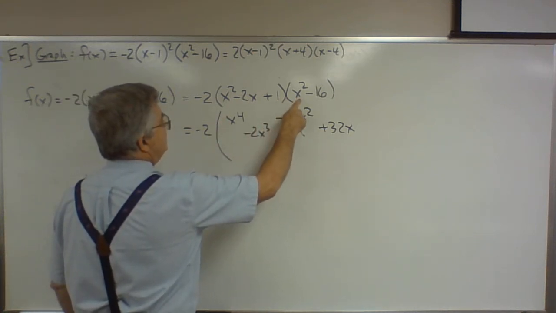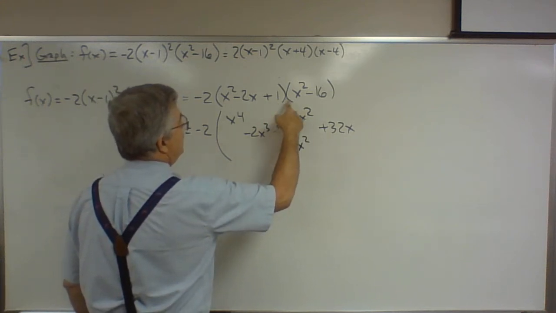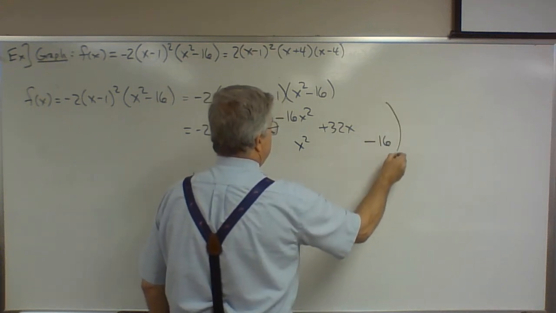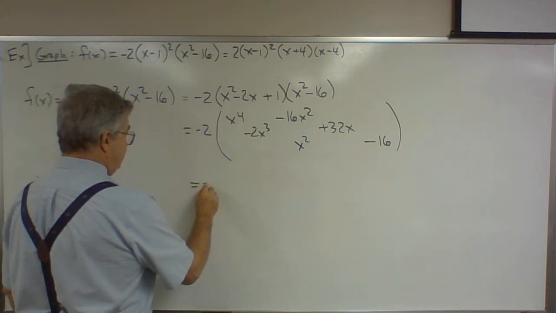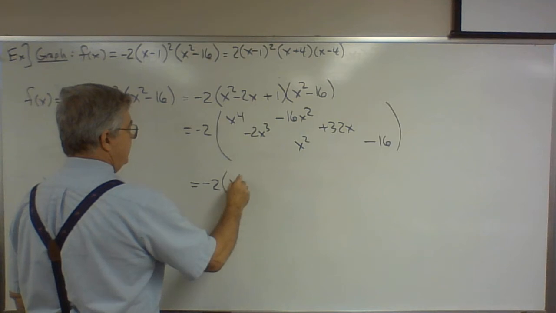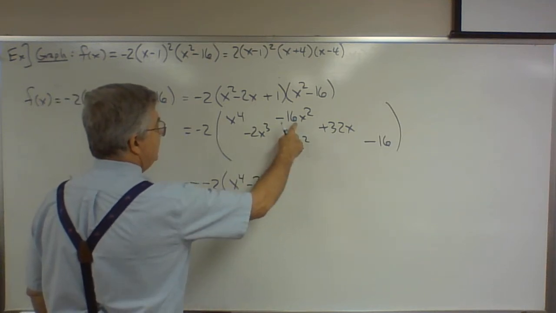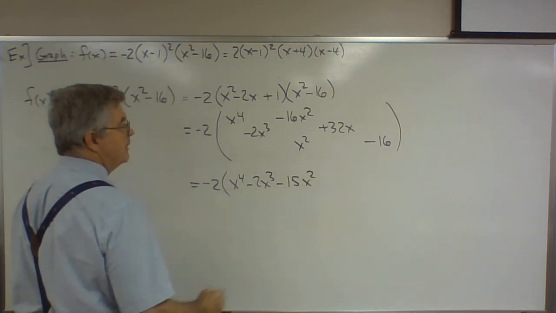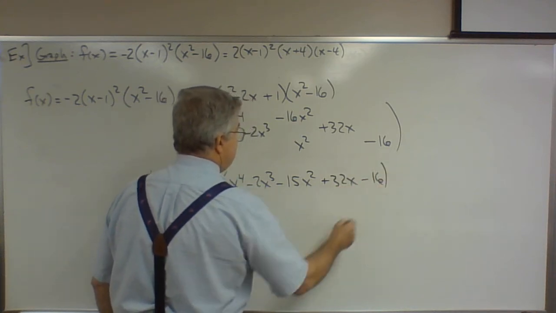And 1 times x squared is x squared. 1 times negative 16 is negative 16. And now I'll just add all of this garbage up. X to the 4th minus 2x cubed minus 15x squared minus 32x minus 16.